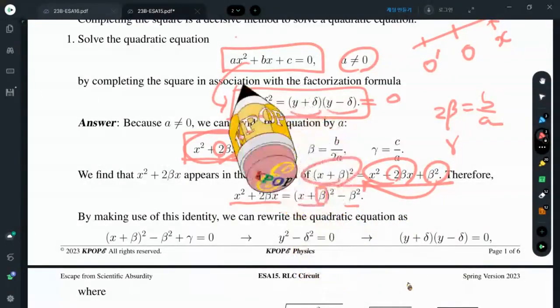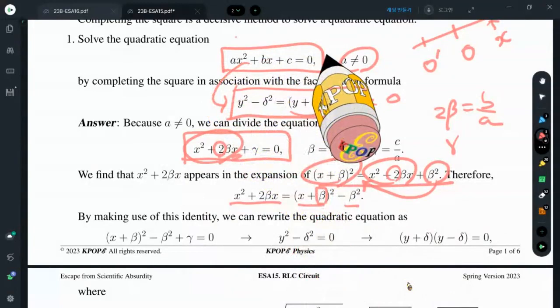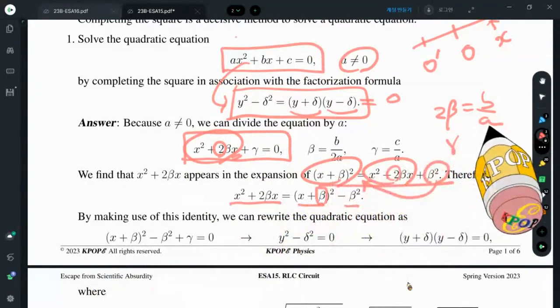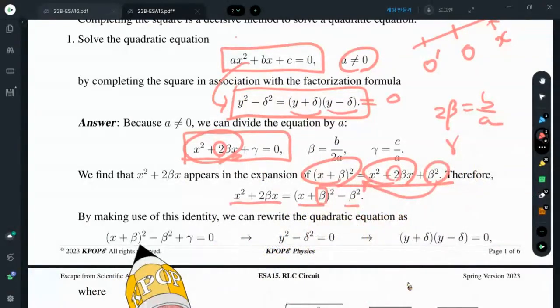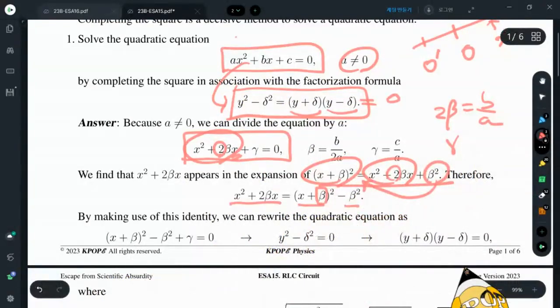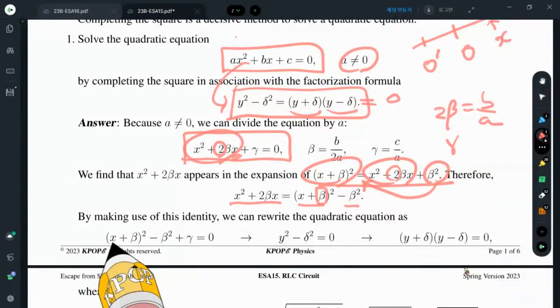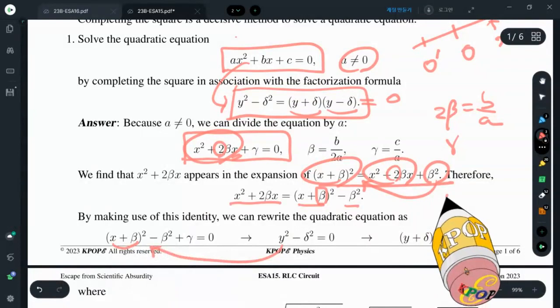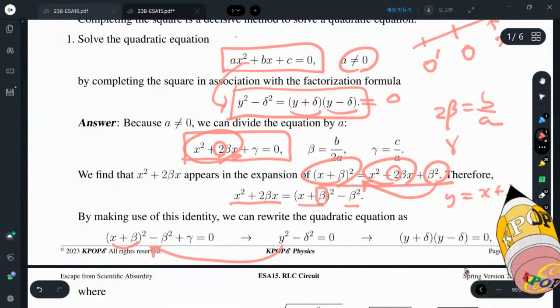As a result, any quadratic function has a vanishing linear term with appropriate translation. That is called completing the square. So we shift the origin by beta, and this becomes a new real number: y equals x plus beta.